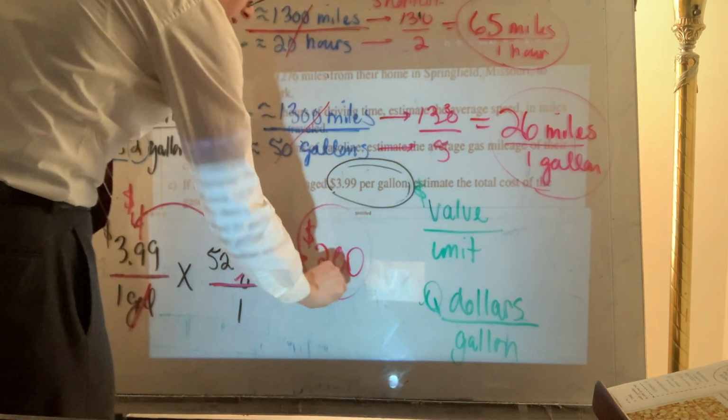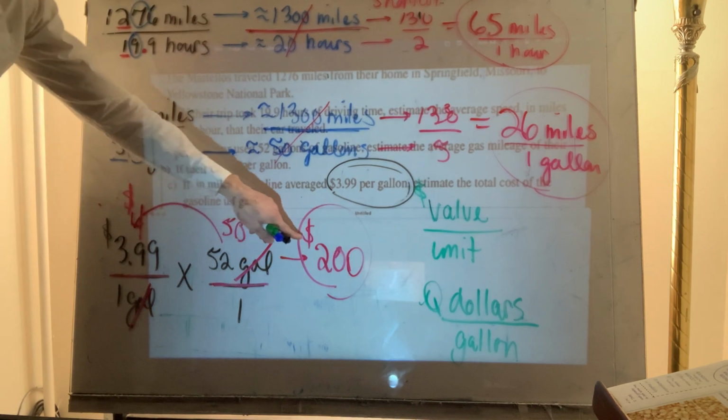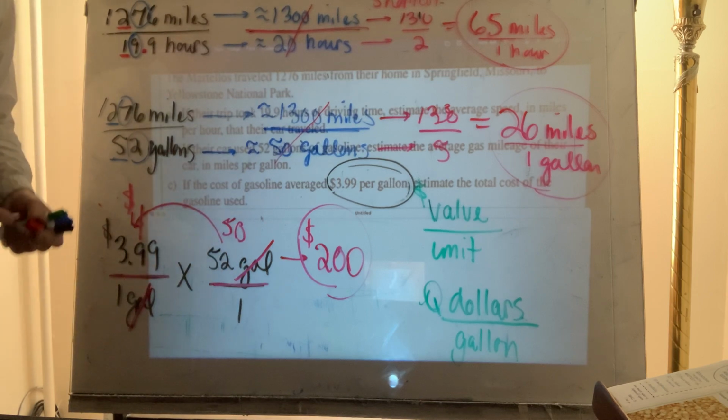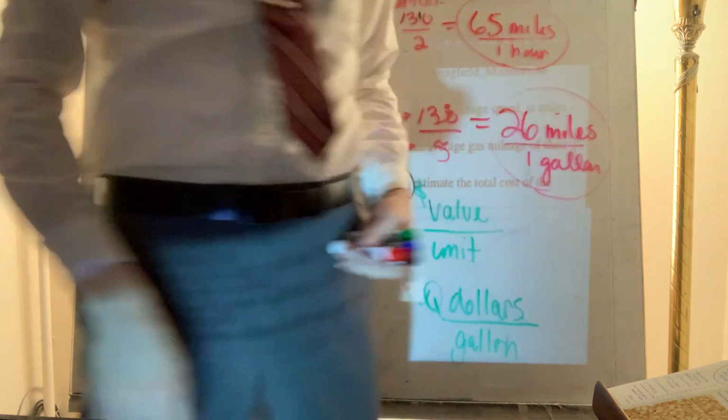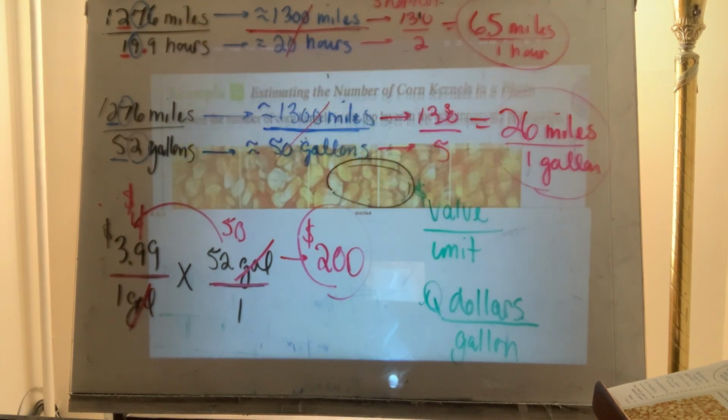So it would be about $200. You're left with the unit that you want, namely dollar value, because of the cancellation effect.